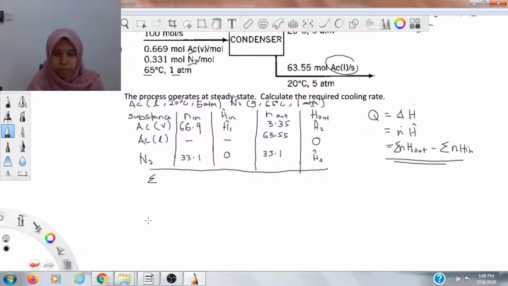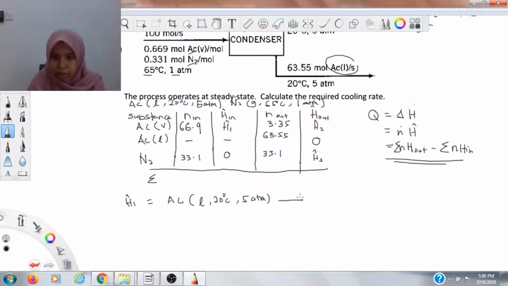Let's do H1 first. First, we do the hypothetical path that we have learned before. So H1 is acetone. Start with the reference state. The reference state that has been stated here is liquid, 20 degrees and 5 atm.